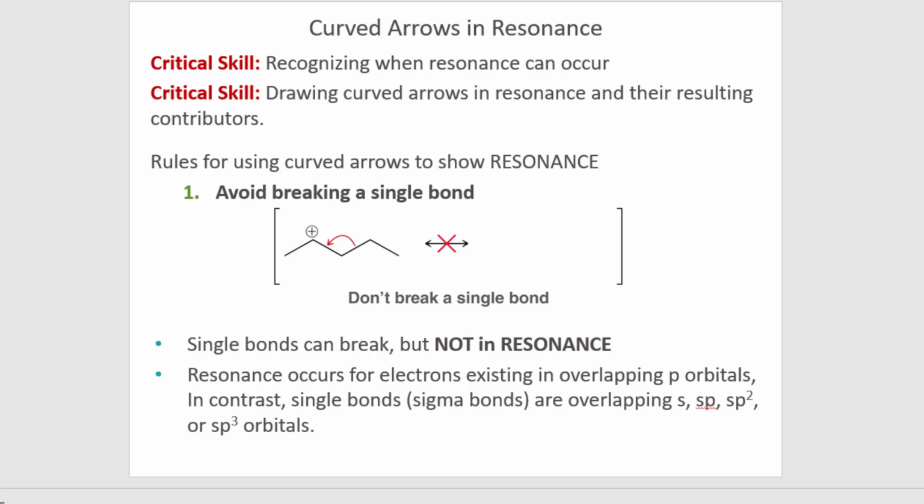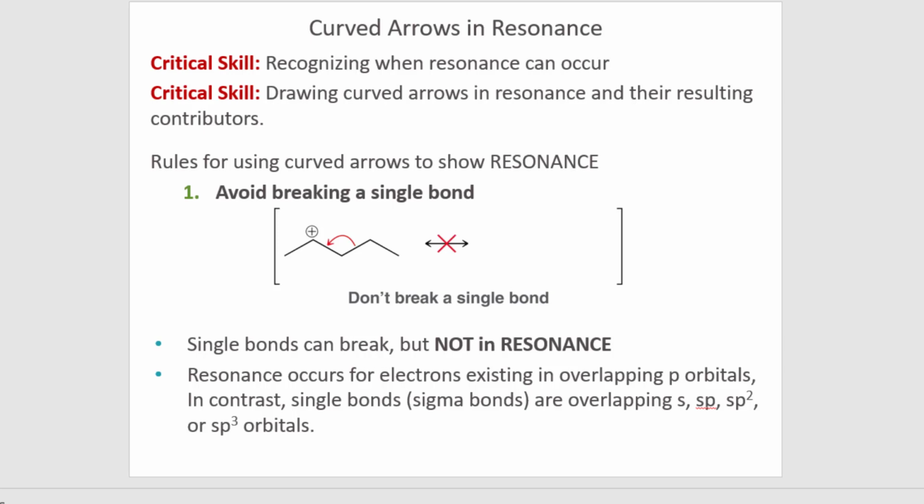They're expecting you to know a lot. It's kind of like bond line structures. If the lone pair is not drawn, they expect you to know that. They're expecting you to be the shorthand chemist. The second thing you're going to have to know how to do is to draw curved arrows in resonance and show their resulting contributors.